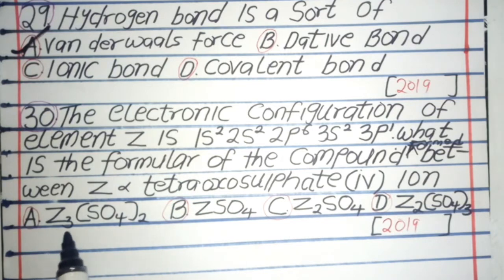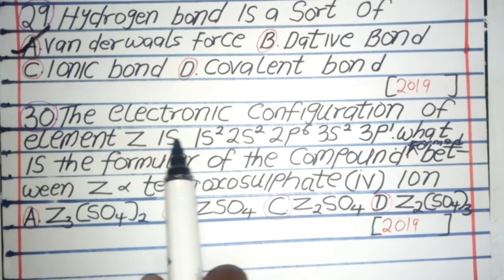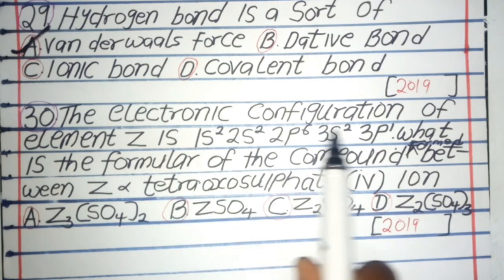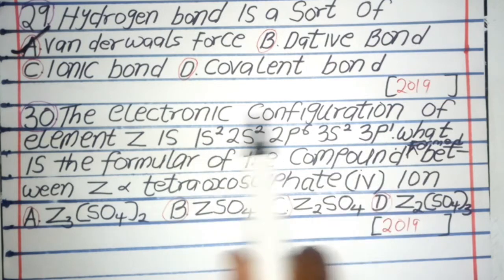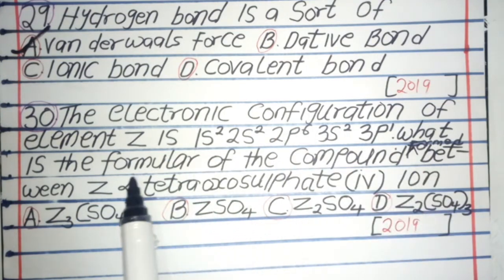We have A, Z3(SO4)2; B, ZSO4; C, Z2SO4; and D, Z2(SO4)3. So I want to look at what will be formed with this electron configuration.